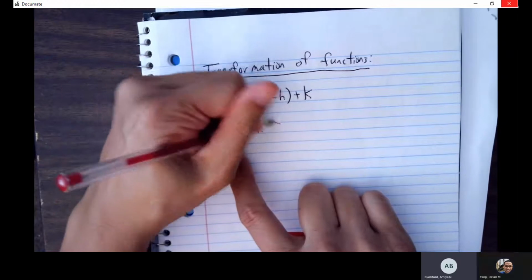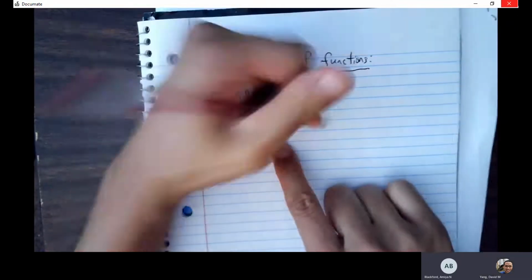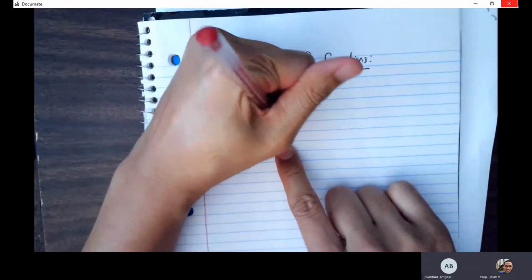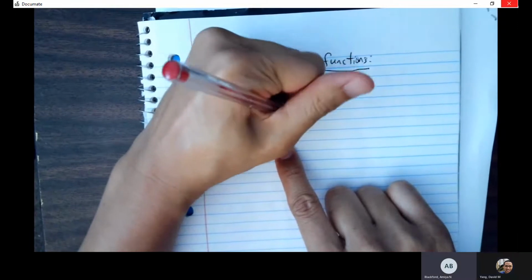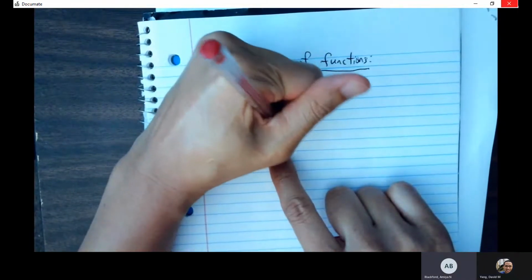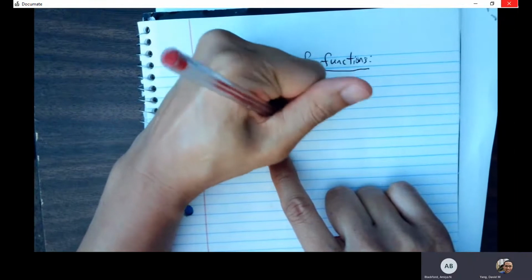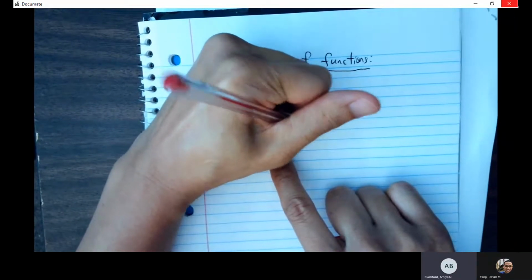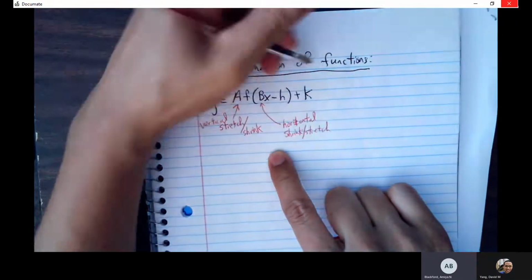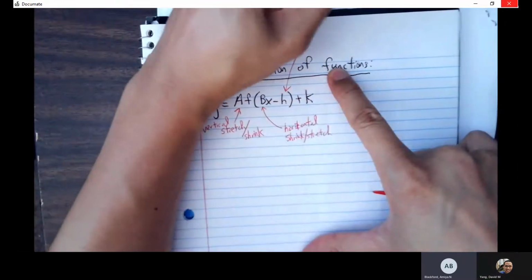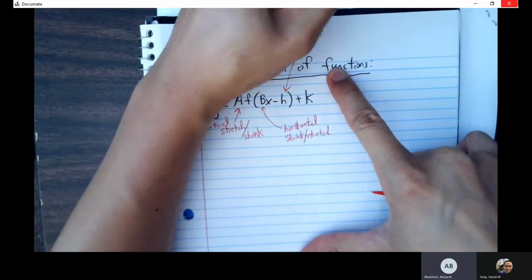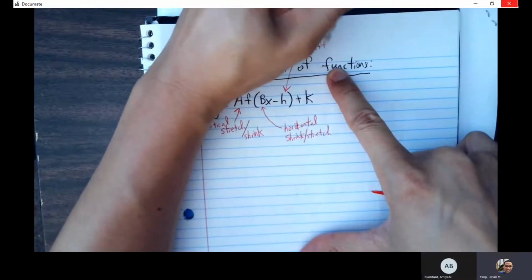The B is going to be a horizontal shrink or stretch. The H is going to shift the graph left or right.